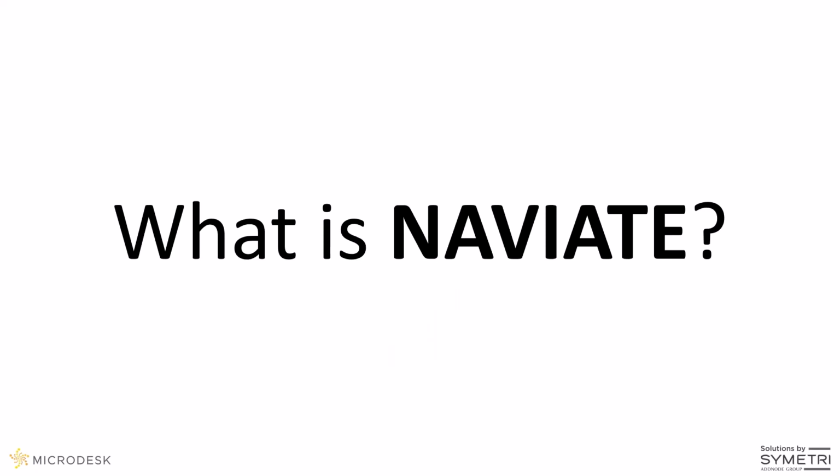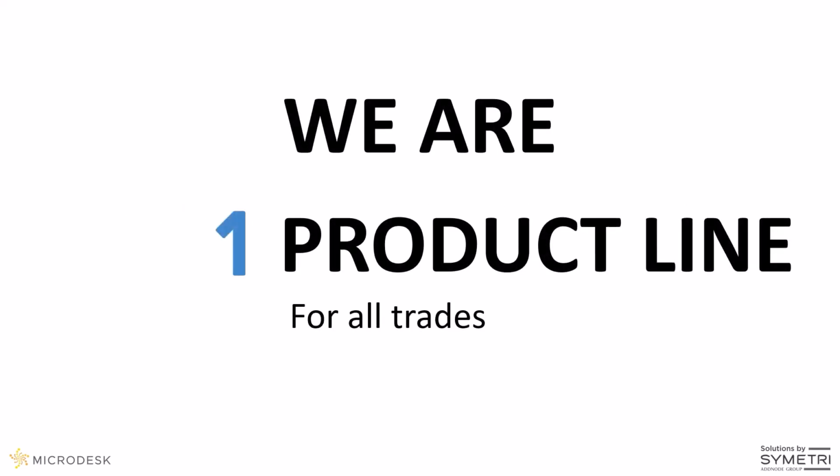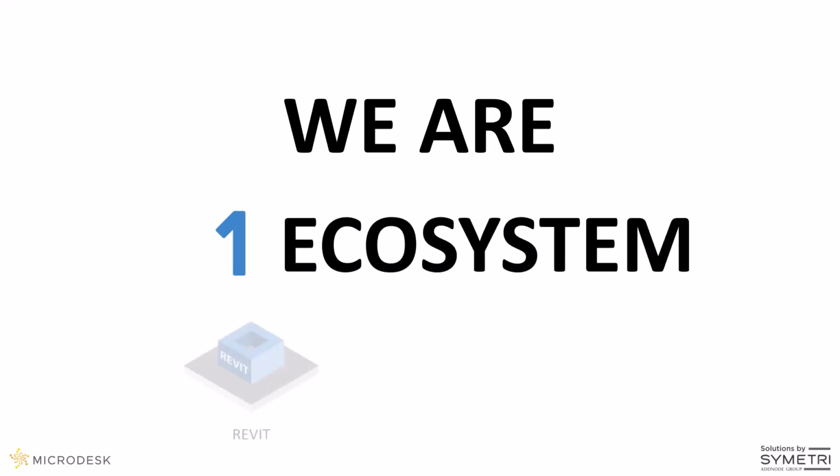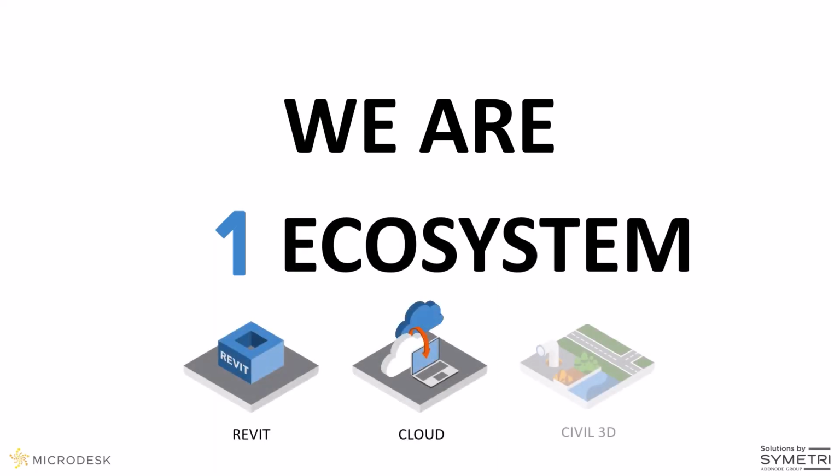And if anyone is new to Naviate, I always like to start with a little introduction of what Naviate is. With Naviate, we are really an entire product line. We are one team for all trades, one solution to streamline your workflows, an entire ecosystem of different products, right? We're more than just one product for Revit, but we are a portfolio of products.